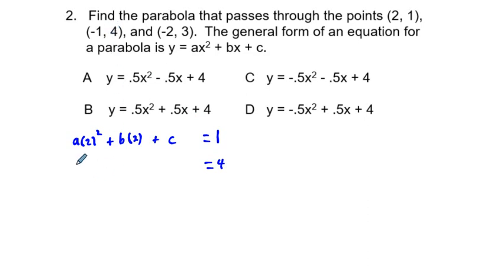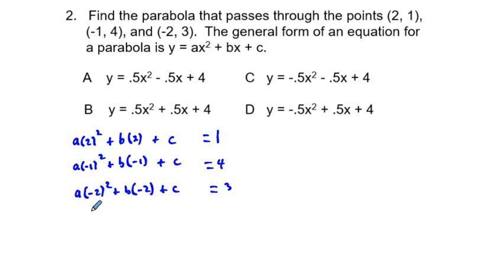So 4 equals a times negative 1 squared plus b times negative 1 plus c. So that's our second equation, and our final equation is going to be 3 is equal to, we have negative 2, so a times negative 2 squared plus b times negative 2 plus c.